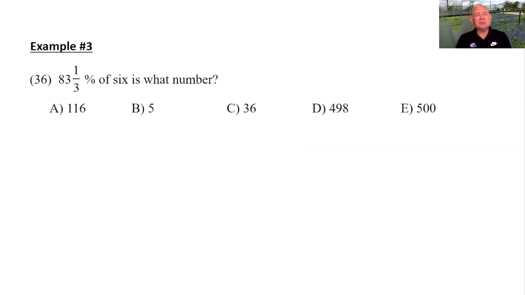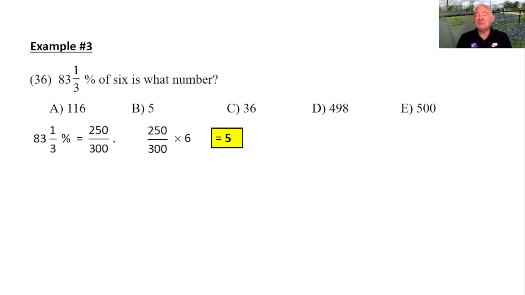83 1/3% of 6 is what number? Wow. Okay, well, 83 1/3%, if you change that into a fraction, would be 250 over 300. If you take 250/300 and multiply it by 6, it comes out to be 5.